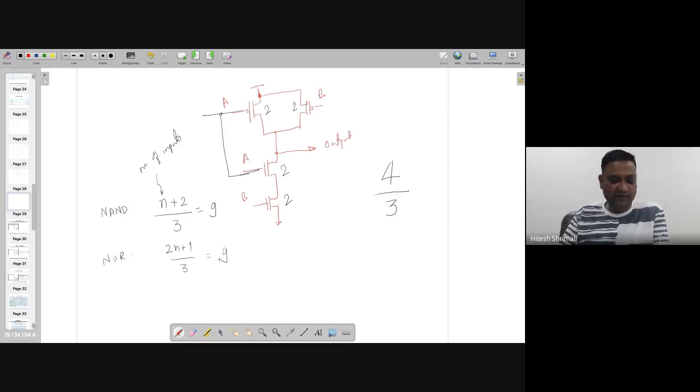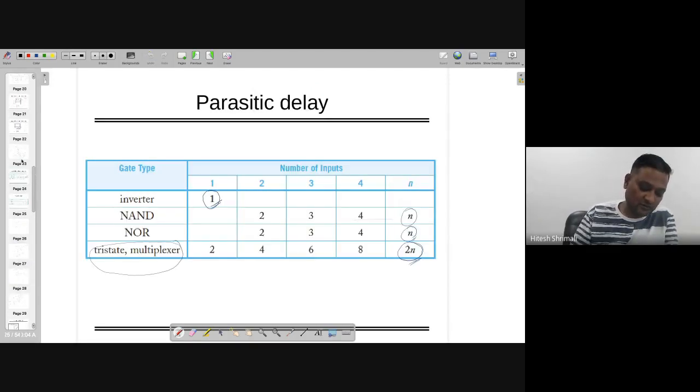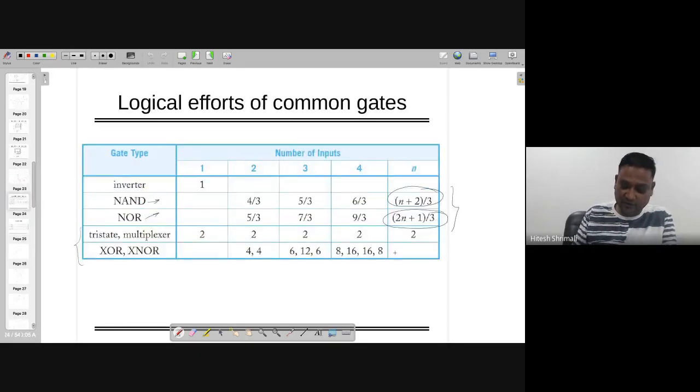Most of the time you can use NAND and NOR as universal gates, so we are keeping these equations. However, for the case of XOR and XNOR, we don't have an equation, but you have to derive it accordingly with respect to the inverter load. The inverter load is actually 3, and for the others you can also find it out.